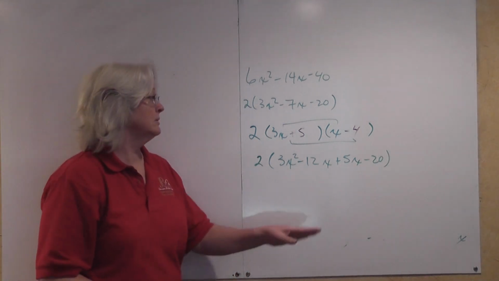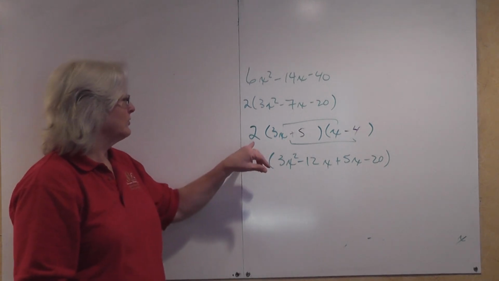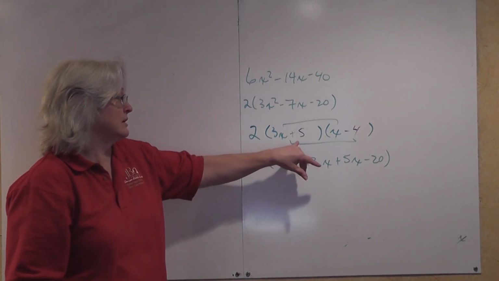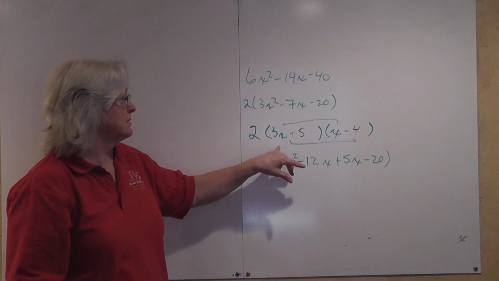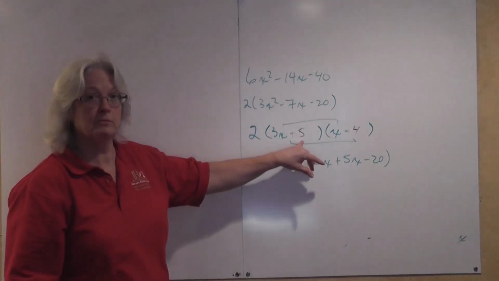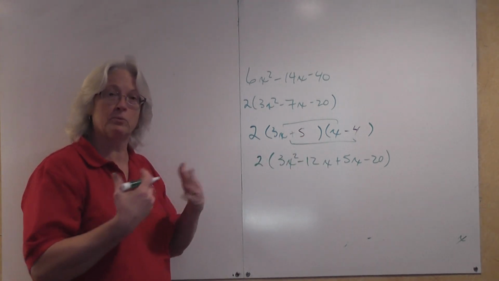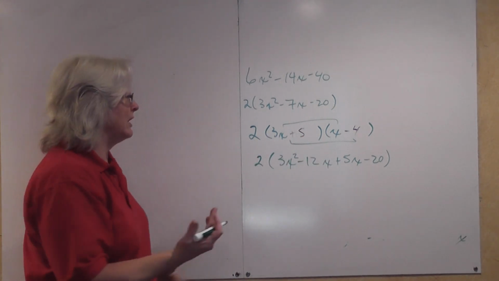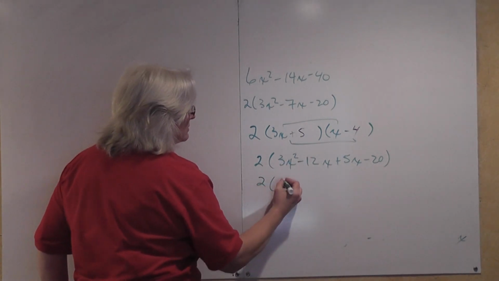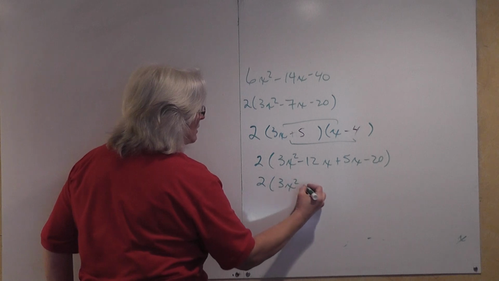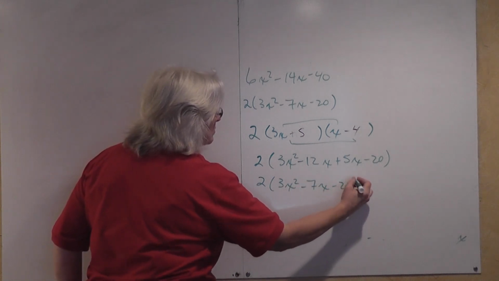Now we are going to collect like terms. Alternatively, you could have said 2 times 3x plus 5 is equal to 6x plus 10, and then multiply that. And actually, that would be doing your multiplication in order from left to right. We're going to do it this way first. 2 times 3x squared minus 7x minus 20.